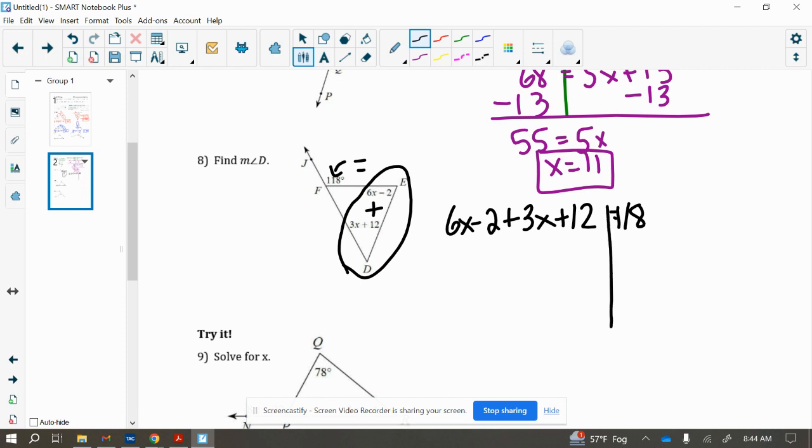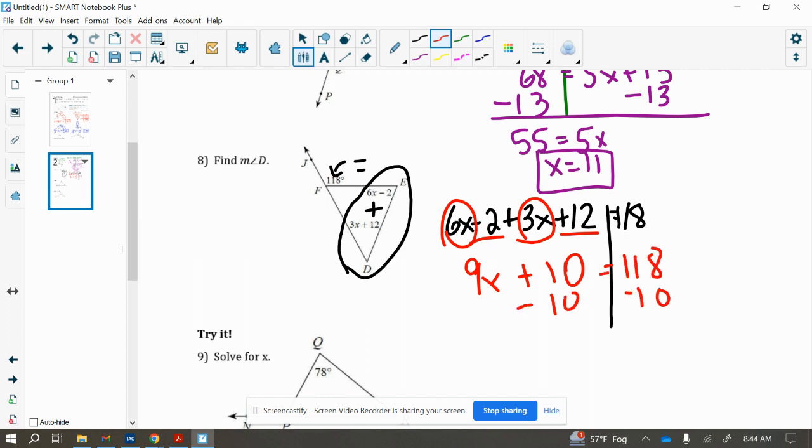So when we draw our line down, condense first, then we can cancel. So 6x plus 3x is 9x. Negative 2 plus 12 is 10. Subtract the 10 from both sides. We get 9x equals 108. And then we divide by 9, x equals 12.